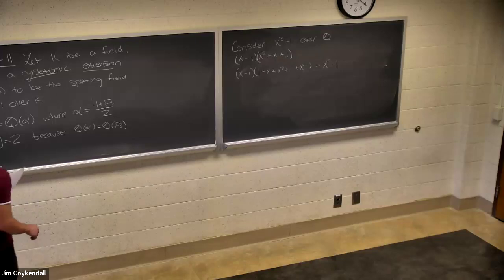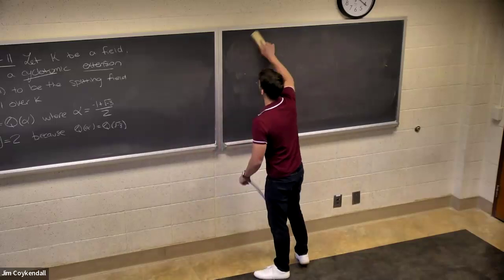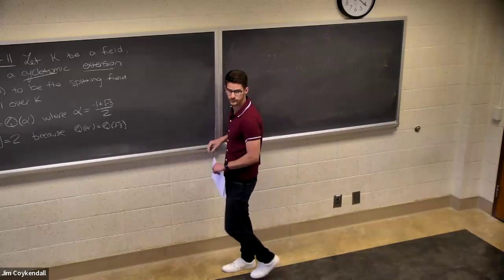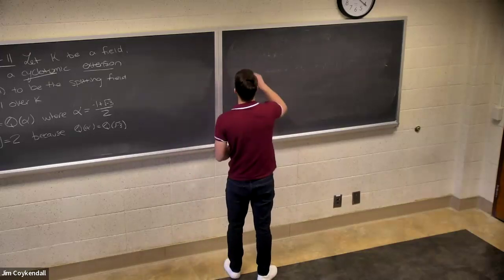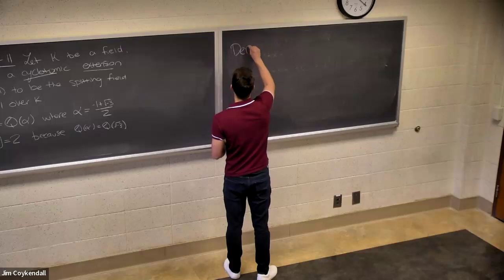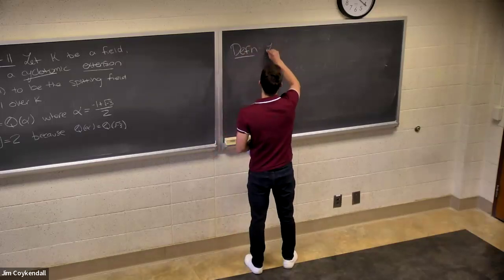So now I'm going to define something called a number field and talk about it a little bit. Have you guys talked at all about number fields? Okay, well, it's going to be a very easy definition considering how much time you just spent with field extensions. So, definition.